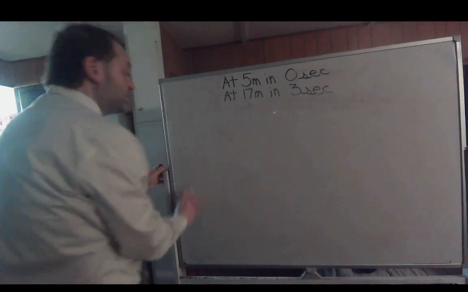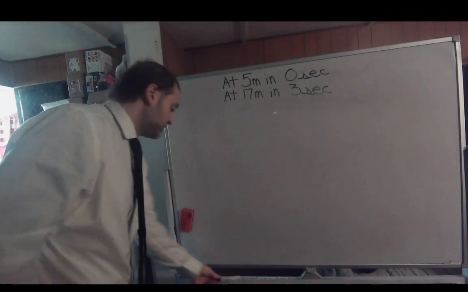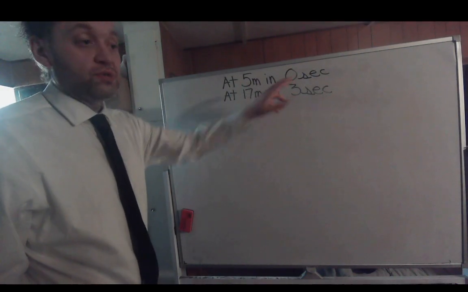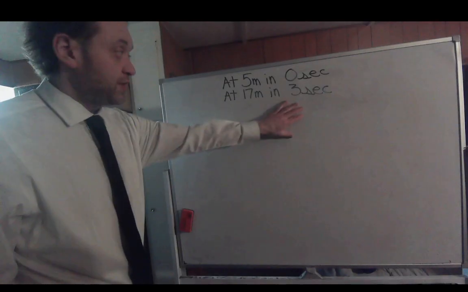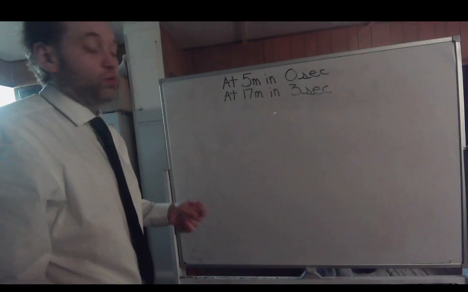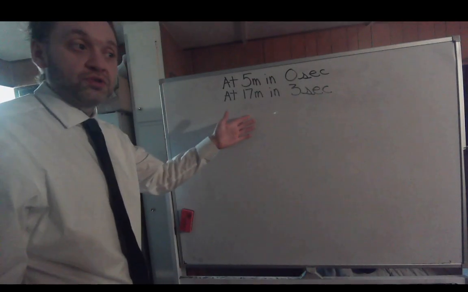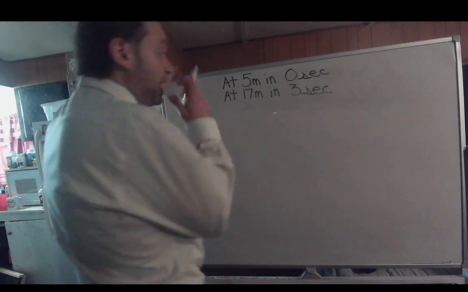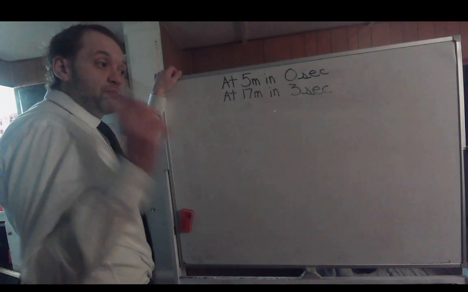Alright, so I'm going to do another rate of change comparison. So I was already at 5 meters in 0 seconds, and then at 3 seconds I ended up at 17 meters. What is my rate of change, or in other words my speed, in meters per second? So let's go ahead. We want to figure out meters per second.